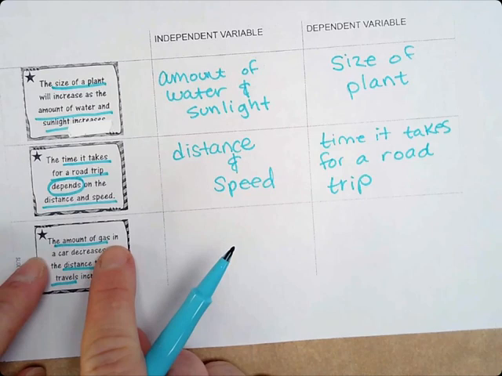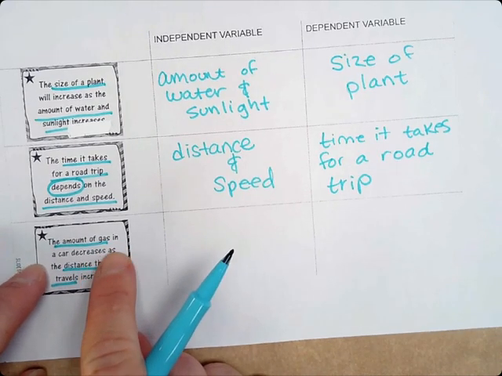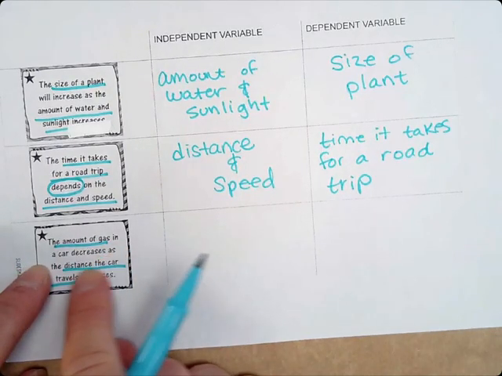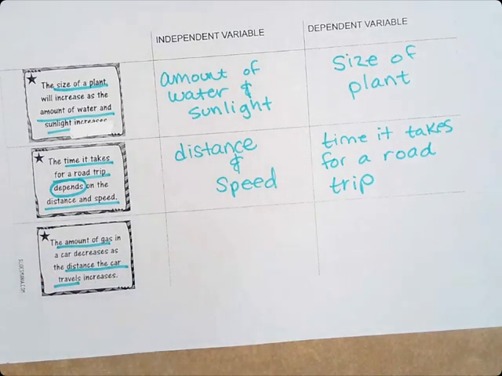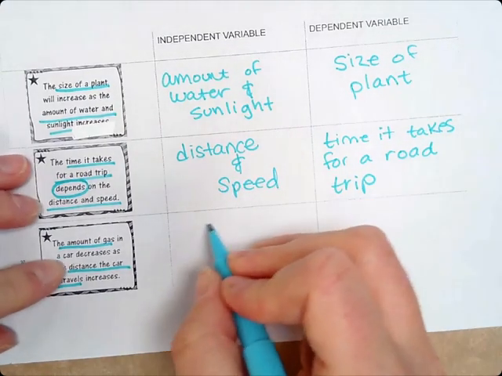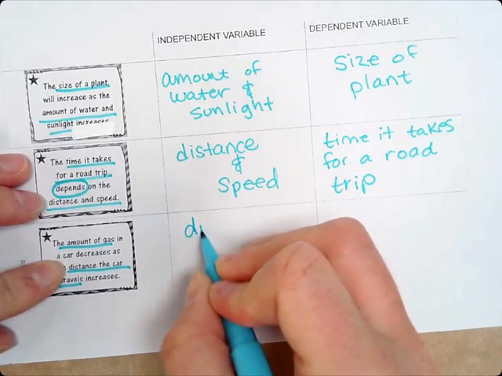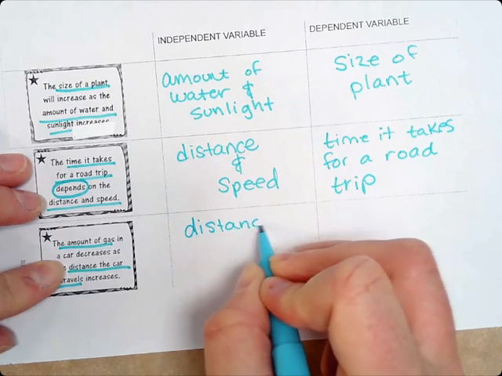But it says the amount of gas in the car decreases as the distance the car travels. So you have gas, and then the further you go, what's happening to the gas? It's going down. So the independent variable is your distance car travels.